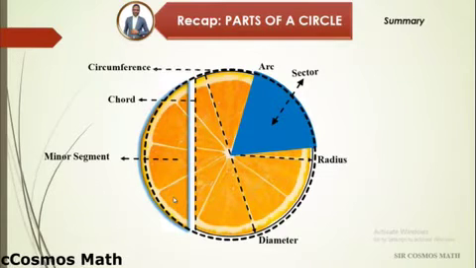It's different from a sector. A sector is bounded by two radii. Know the difference. Don't confuse a segment with a sector. A sector is formed by two radii together with an arc, but a segment is formed by a chord and an arc. So know the difference. A segment is an area bounded by a chord and an arc.